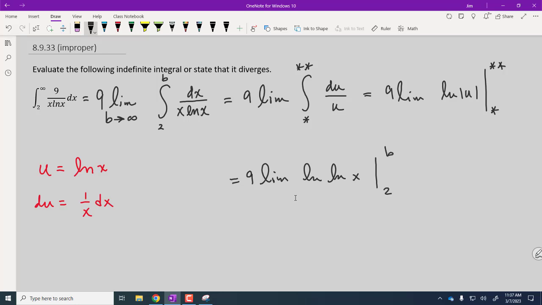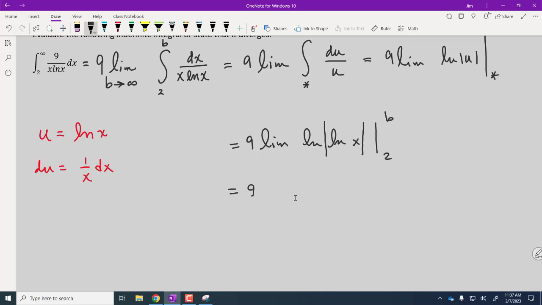So we have that. And this is an absolute value here, so I need to make sure I keep that. U is natural log of x, but this is natural log of the absolute value of natural log of x. Now, granted, from the interval 2 to b, that's all positive, so you don't actually need the absolute values there, but we should put them there for the time being.